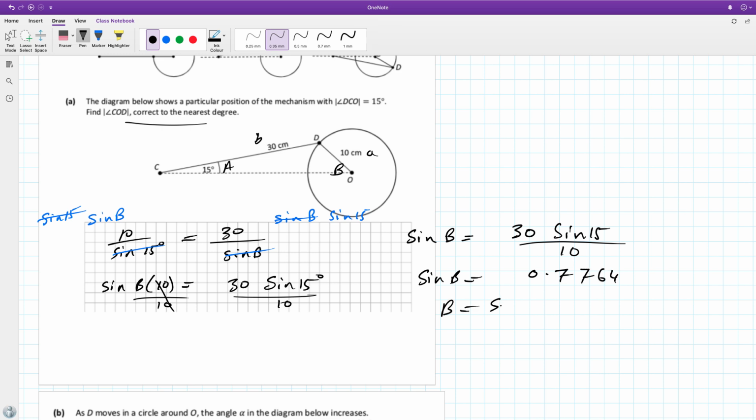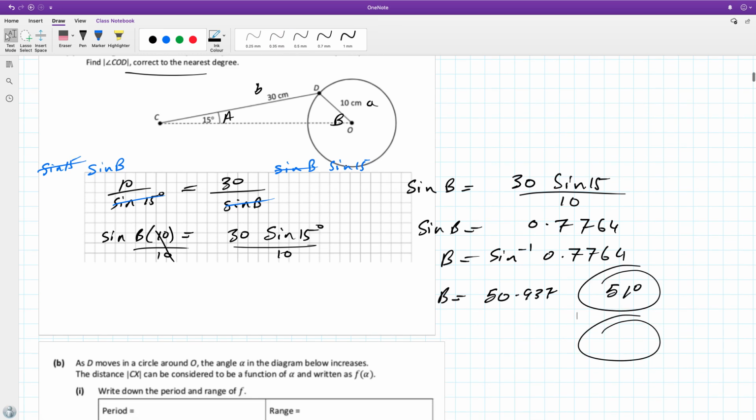B equals sine inverse of 0.776457. And you get B is equal to 50.937, which is how many degrees? 51 degrees, the nearest one. We happy with that? Good stuff.